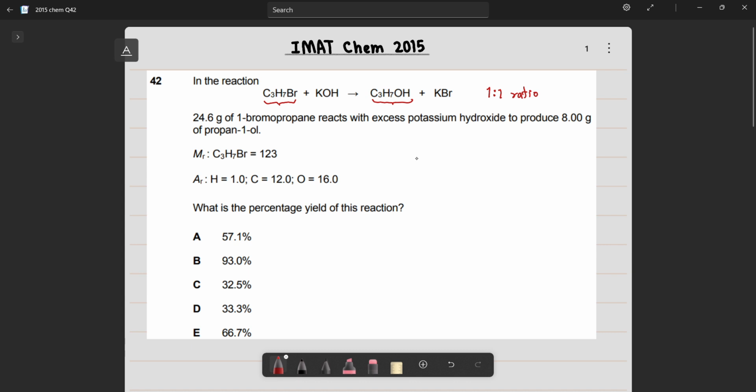So the main formula we're going to use throughout is moles is equal to mass by Ar or Mr, depending on whether it's an element or compound.